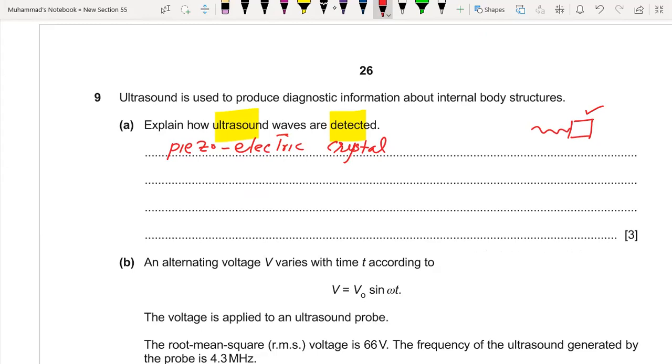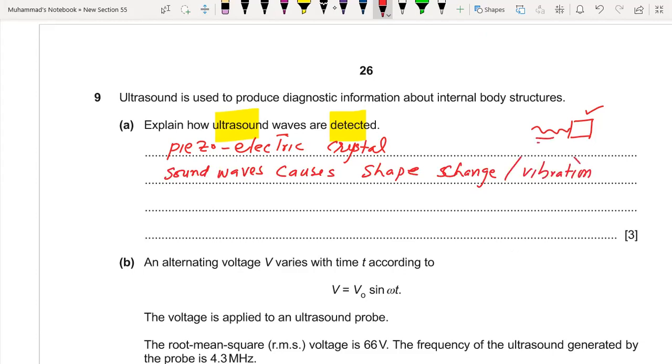So as sound waves strike, they cause a shape change or vibration.